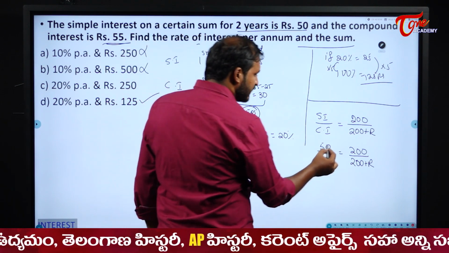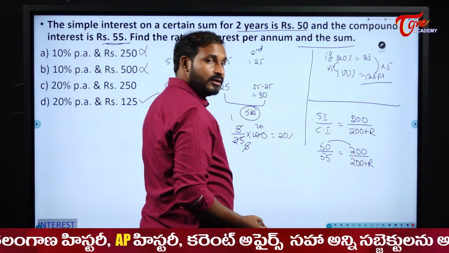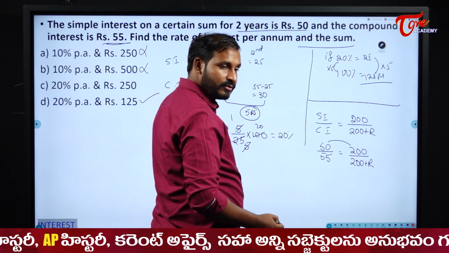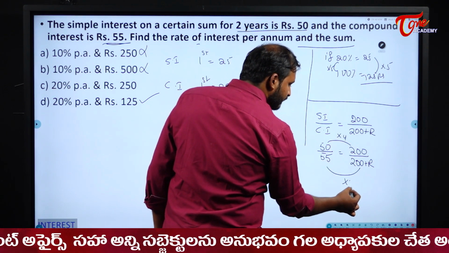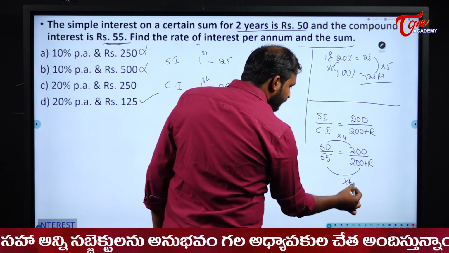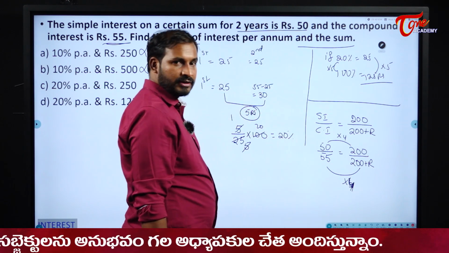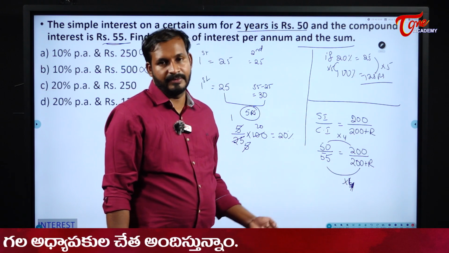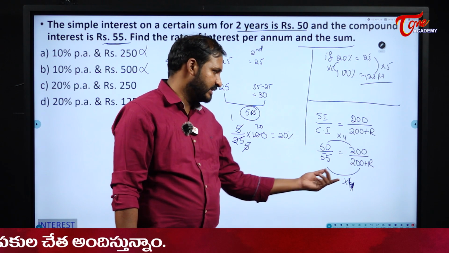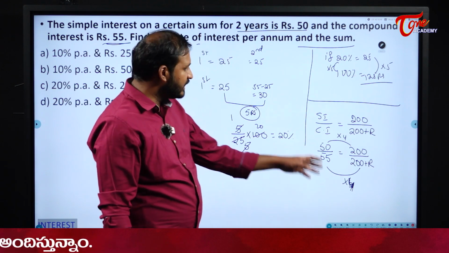Now try to understand the relation: how can 50 become 200? 50 into 4. Similarly, this one also multiplied with 4. What will you get? 55 into 4, 220. So R will become what? 20%. Like that also you will get the answer.